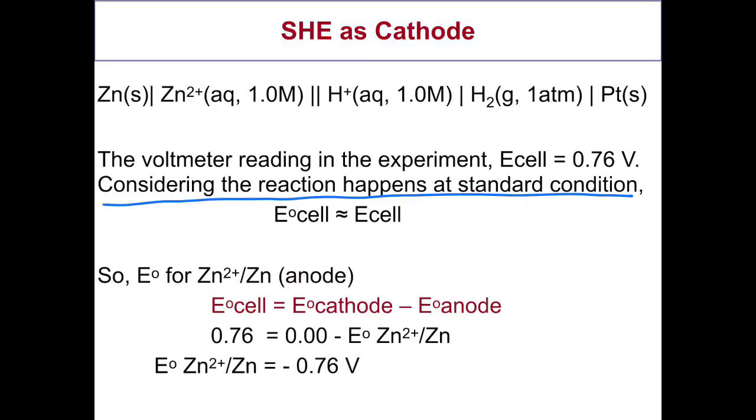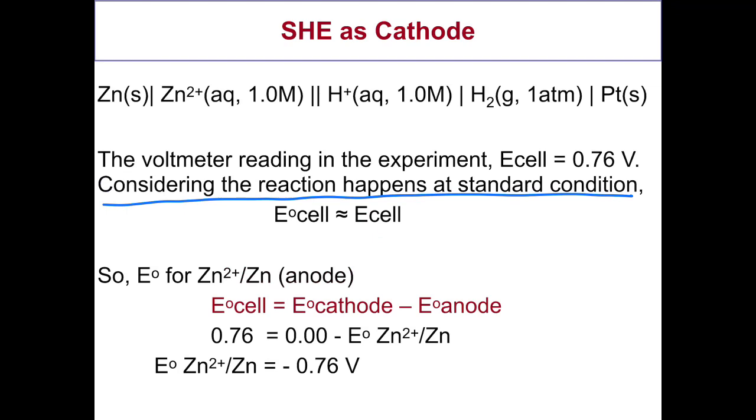For example, when SHE is paired up with a zinc electrode, we can see the reading on the voltmeter, which is the E cell, is 0.76 volt. Considering the reaction happens at standard condition, the value of E cell is similar to the value of E° cell.